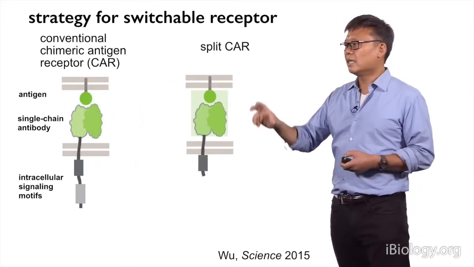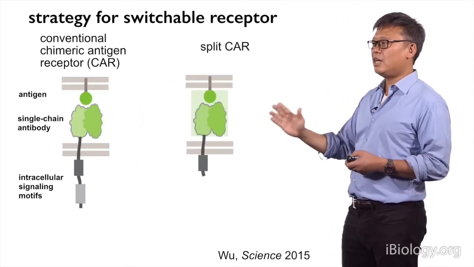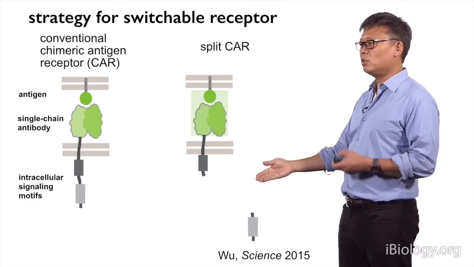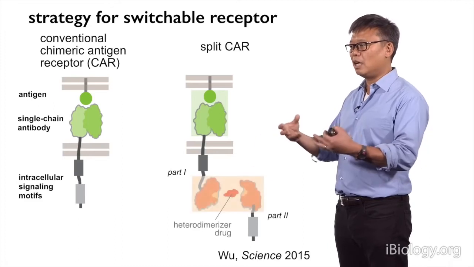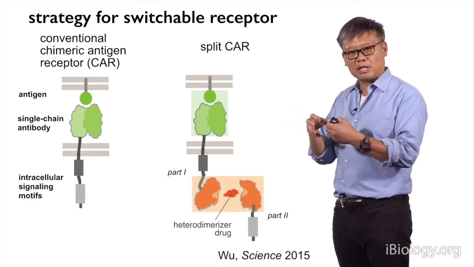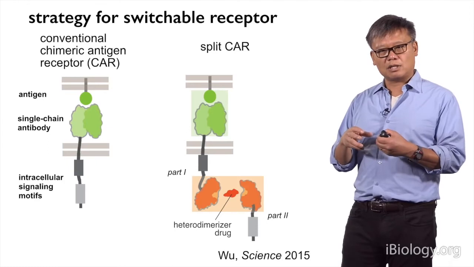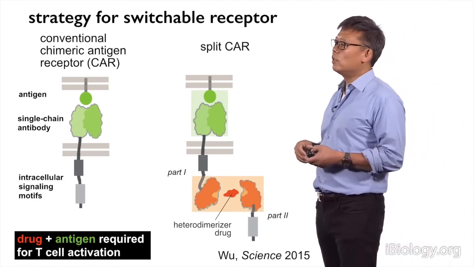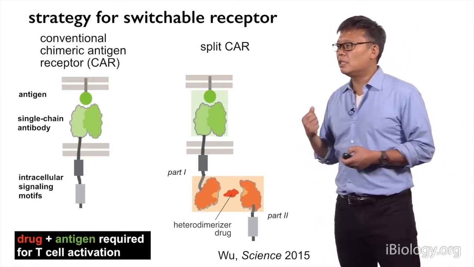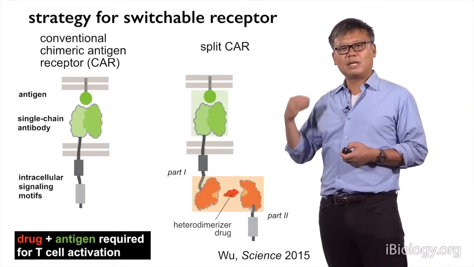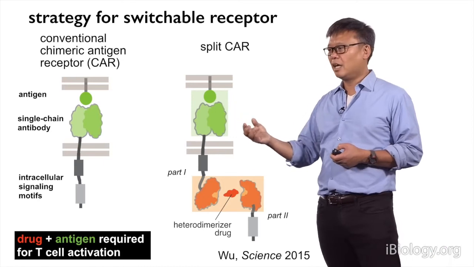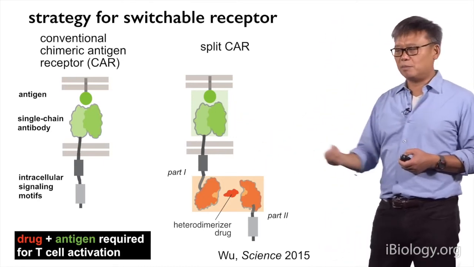So could we take the recognition component, but then take off some of the key signaling modules and put those in a separate molecule, but then bring them together using modules that only heterodimerize when we add a drug? Okay? So the idea here is that the T cell would only get activated when it had this combination of both recognizing the cognate antigen as well as having the drug provided by the user.